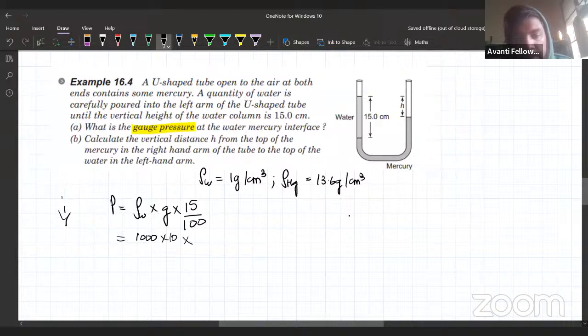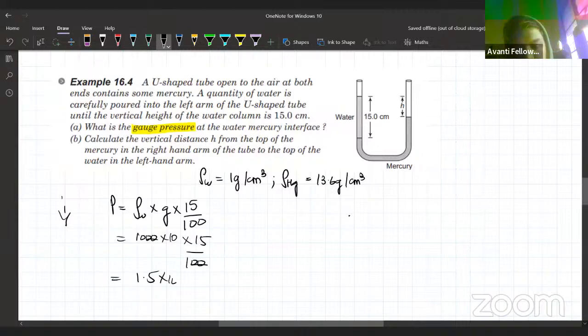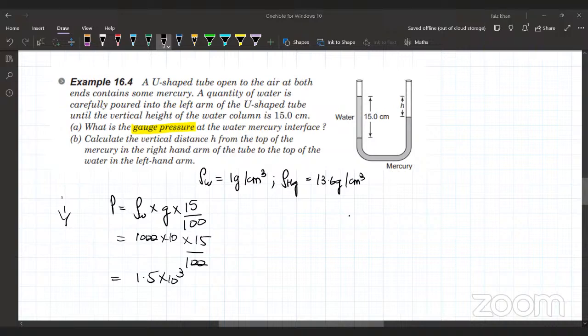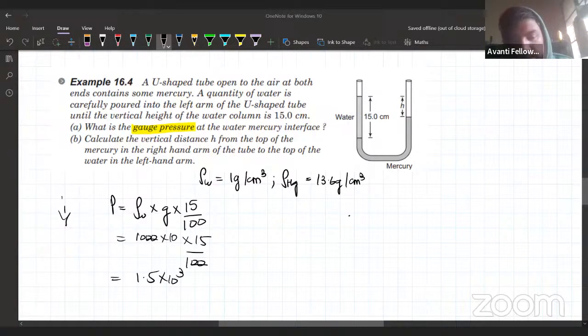Let me take the value of g as 10. The 100 and two zeros will get cancelled out, so 1.5 into 10 to the power 3. Hopefully this is clear, right? Gauge pressure, and this will be in Pascal. So hopefully the first part is clear.